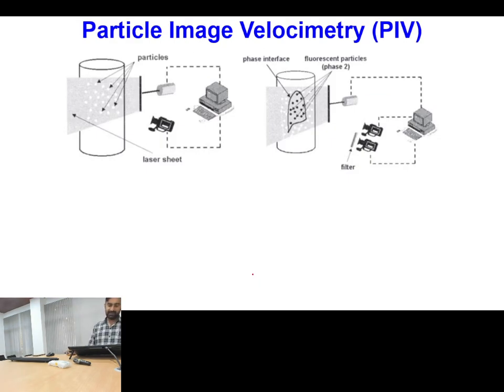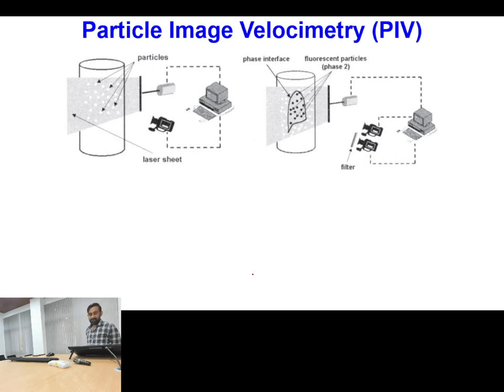As the name suggests, we are basically using some seed particles. We are seeding some particles in the flow, and then we capture images of these seeded particles. Based on their consecutive images at some specified time interval, we locate their positions, and that we correlate to measure the local instantaneous velocity.